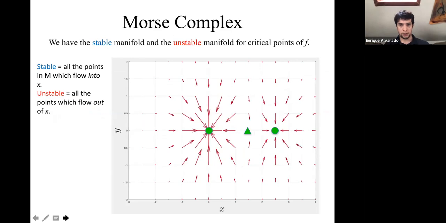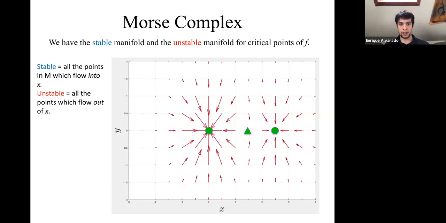let's draw those here. So, okay, we have the 3 critical points that we have. The circles are the index 0s, so those are the ones that we start with first. And the triangle is the index 1 guy.